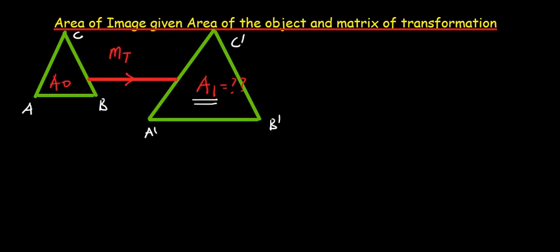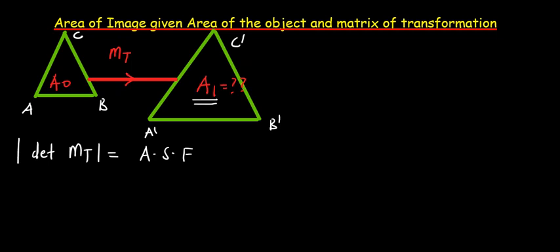It is simple. We are going to use the formula: the absolute value of the determinant of the matrix of transformation is equal to the area scale factor. What do I mean?